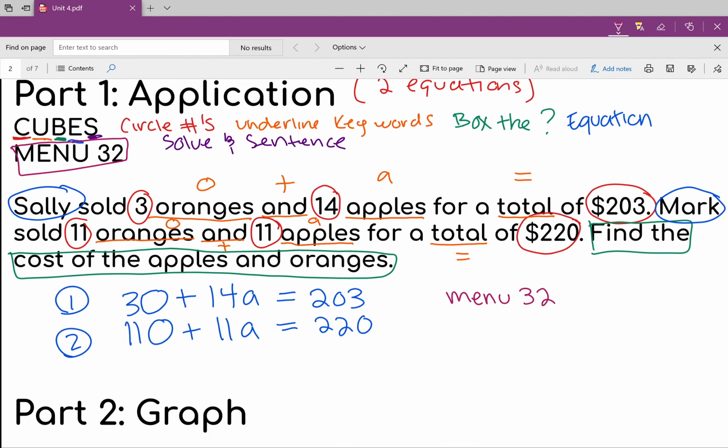And on menu 3-2, we're going to type equation 1 and equation 2, and it's going to tell us the answer for O and A. And then as a class, we'll come back and figure out that sentence.